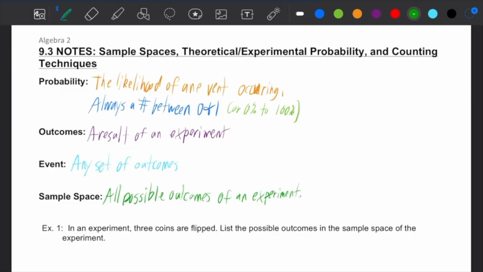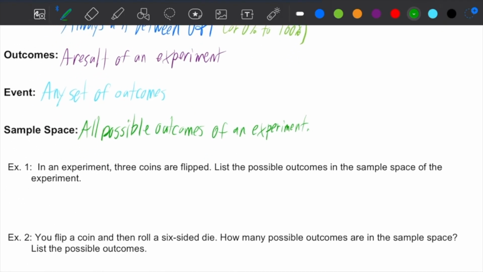I'll talk about these as we use them a bit. So an example: in an experiment, 3 coins are flipped. List the possible outcomes and the sample space of the experiment.